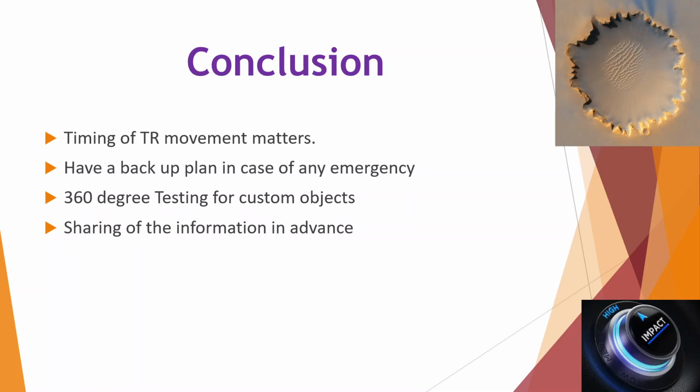So, to conclude, let me revise the important points which we have discussed throughout the video. Point number one, TR is a kind of container which carries the settings from one system to another, and it has two important types: customizing TR and workbench TR.